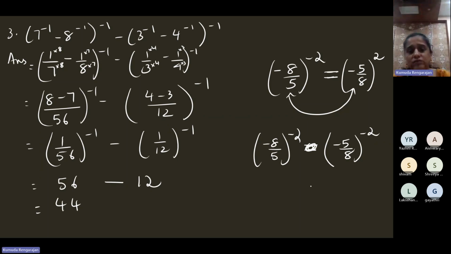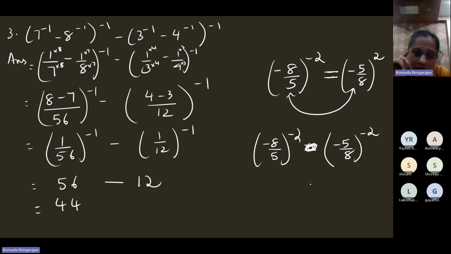If you do only one of the two actions, the two actions here are taking the reciprocal of the base and writing the negative of the power. Power, you should change the sign. Plus becomes minus, minus becomes plus. Base, you should take the reciprocal. If you do both these actions, you will get the equivalent of the given expression.